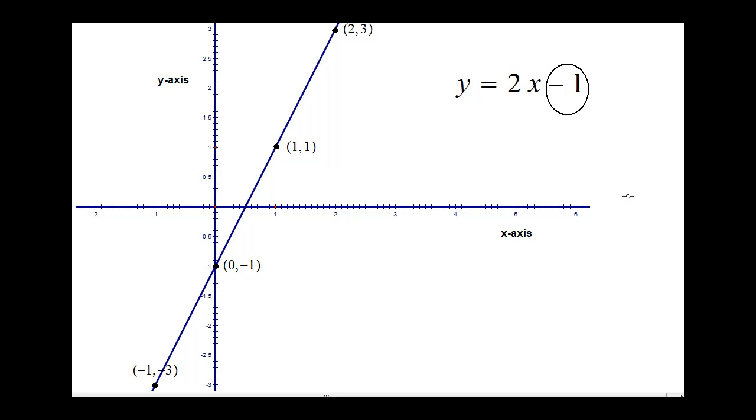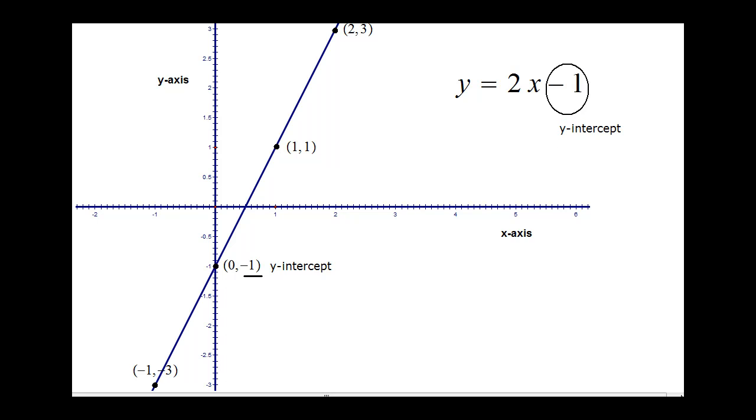So this term -1 relates to this value here, which is -1, and this is the y coordinate of the point at which the line meets the y-axis. You call it the y-intercept. So this portion is connected with the y-intercept.